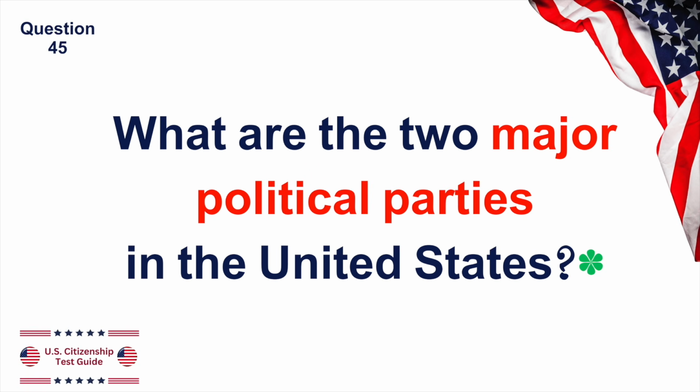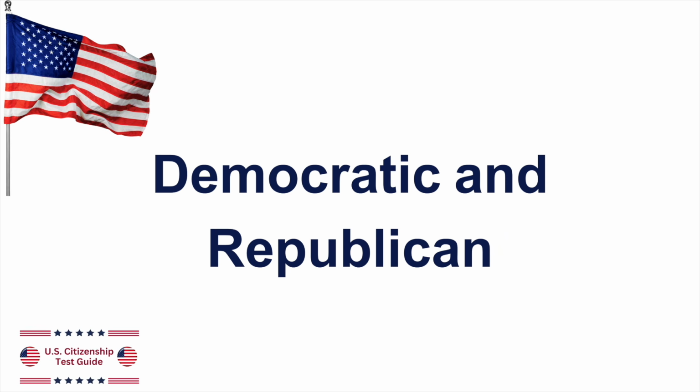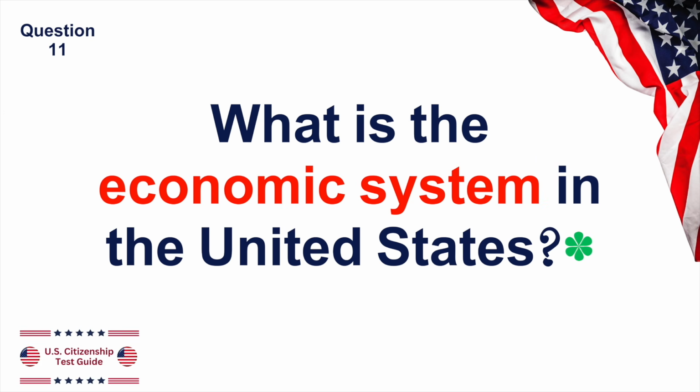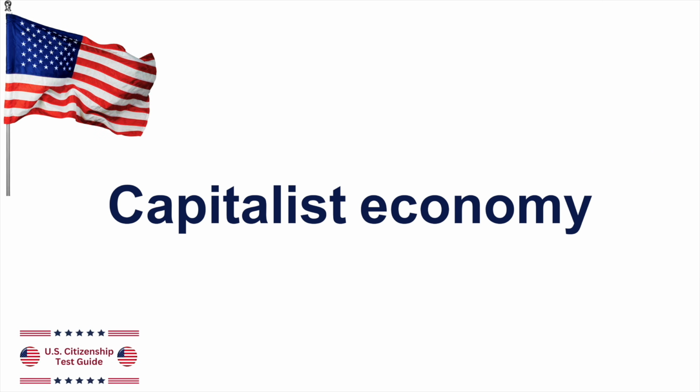What are the two major political parties in the United States? Democratic and Republican. What is the economic system in the United States? Capitalist economy.